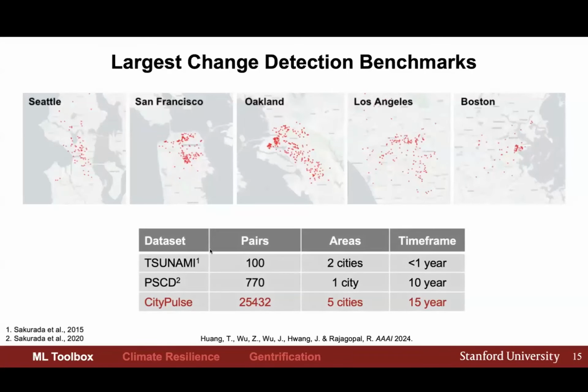It has more than 25,000 pairs of images. Each pair actually corresponds to a building. So this task is trying to tell whether there's significant construction going on for this building. And we provide this larger data set compared with all the previous benchmarks.